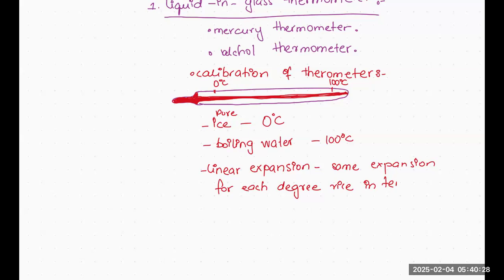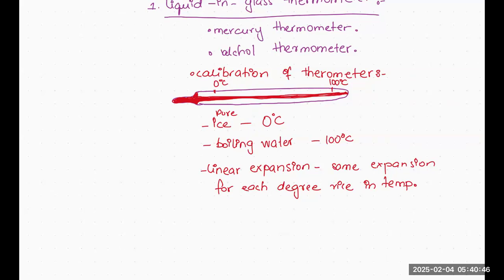So for example, if mercury expands 0.5 centimeter for 1 degree, it is the same throughout. It is going to keep on expanding by 0.5, 0.5, 0.5. That is linear expansion. Some substances give non-linear expansion.